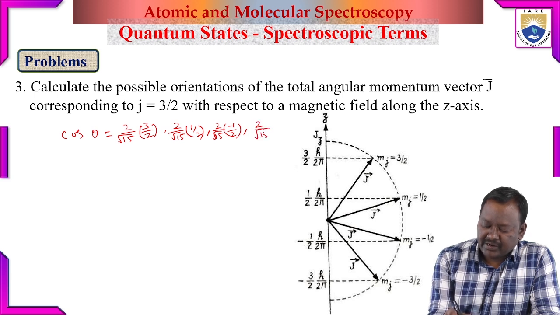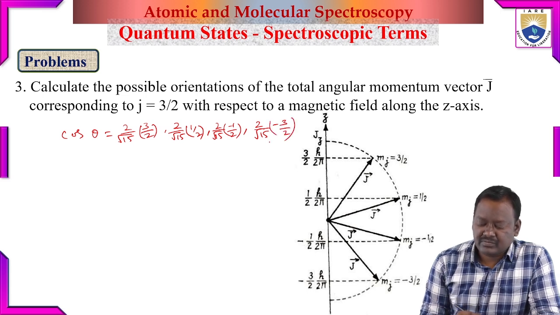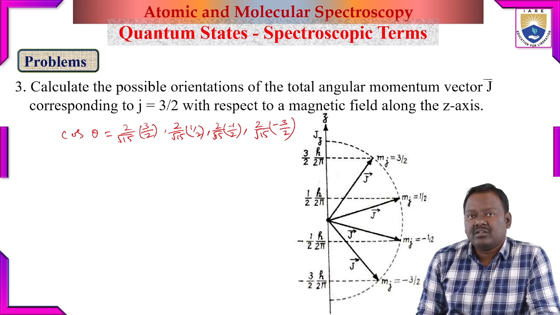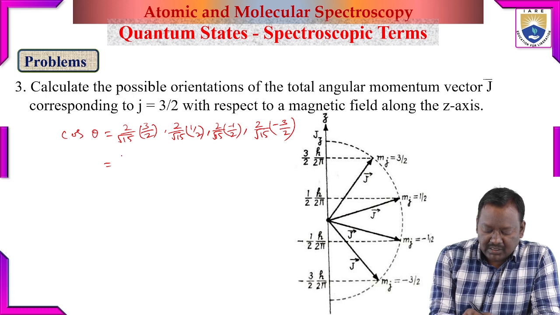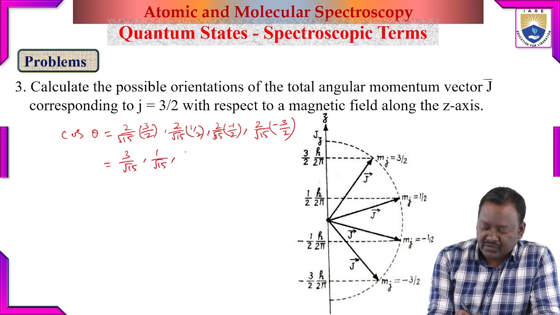So these are the cos theta values. We can easily simplify them: 3 by root 15, 1 by root 15, minus 1 by root 15, minus 3 by root 15.